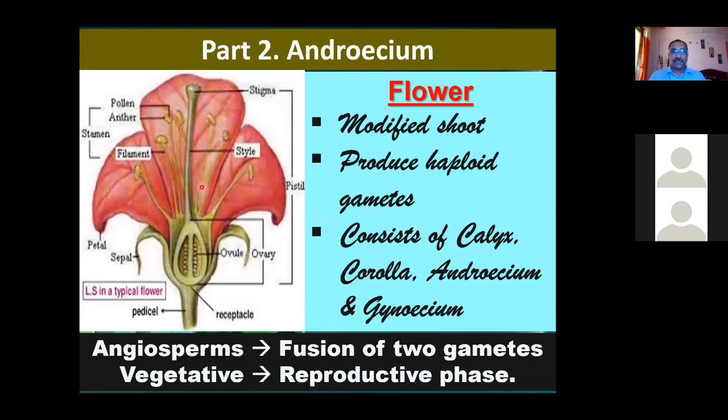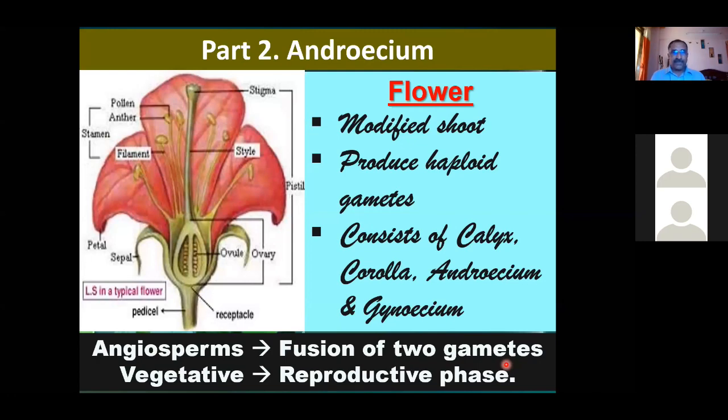So in all angiosperms, two different gametes are involved. Simply, one gamete is male and the other is female. When these male and female gametes fuse, they form a zygote that will develop into the new individual. That is the beginning. So in all angiosperms, sexual reproduction is the dominant one.